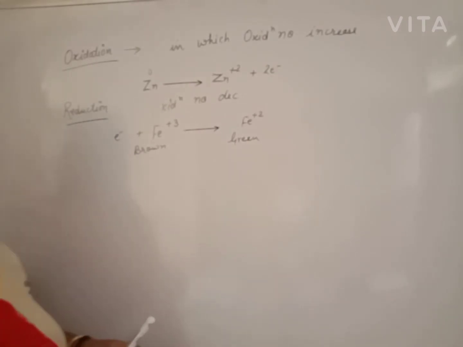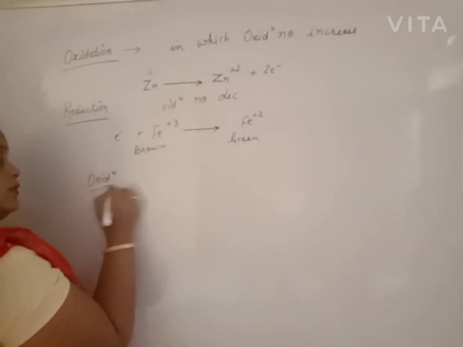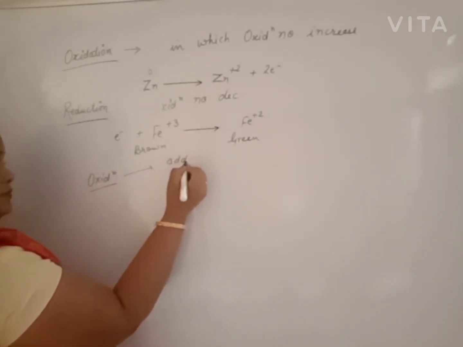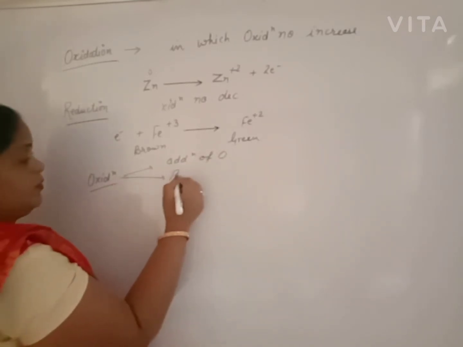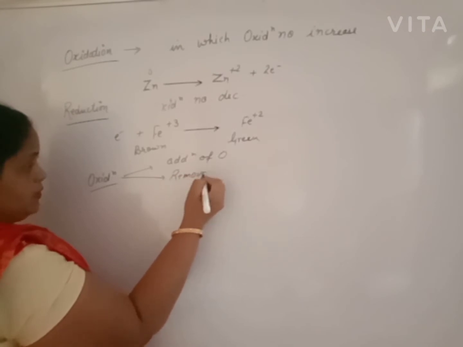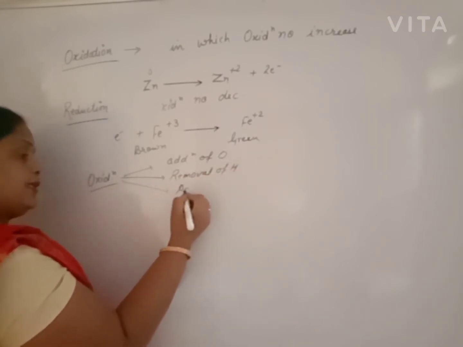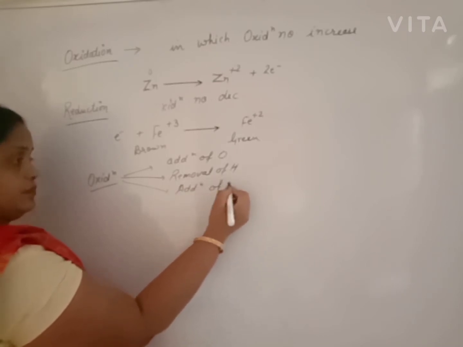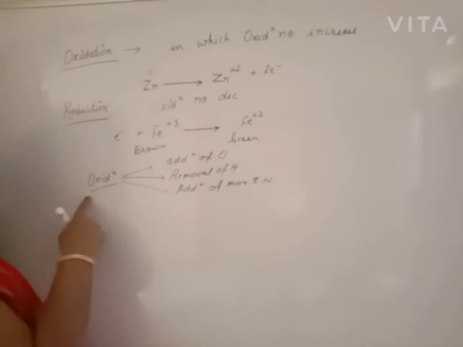In our chapter, beta, in total we have 6 definitions of oxidation and reduction. Oxidation: addition of oxygen. Removal of hydrogen, oxidation. Addition of a more electronegative atom, oxidation.